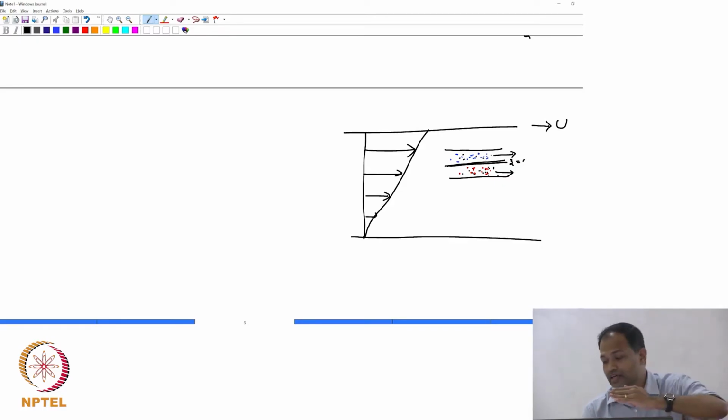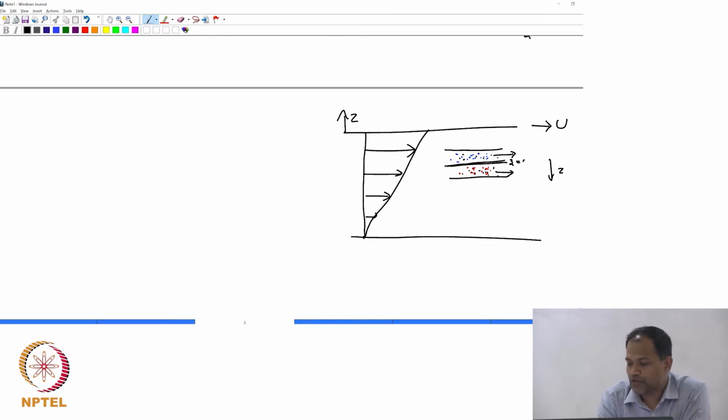Sorry, I should do it the other way. The blue molecules, which have a larger x directional momentum than the red molecules, when they come down, will essentially transport the momentum in the negative z direction. So, the blue molecules have a larger x directional momentum because they happen to move in the z direction, or rather minus z direction. We have defined z up.